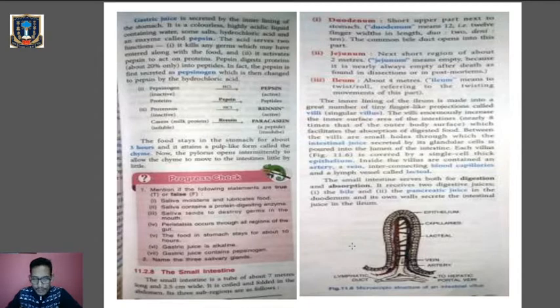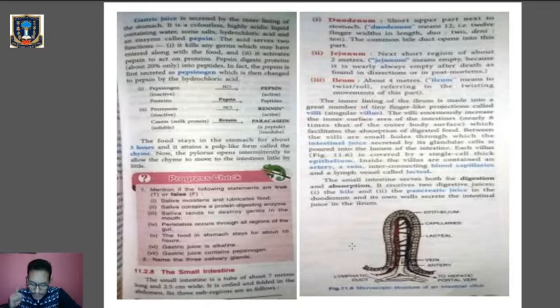Without this acid, pepsin cannot be activated. In the presence of the acid, the pepsin will be activated and will act on the protein. That means the pepsin will digest the protein into peptides and amino acids. When we go into the detailed study of the activation of pepsin, the pepsin is first secreted as pepsinogen. Clear?